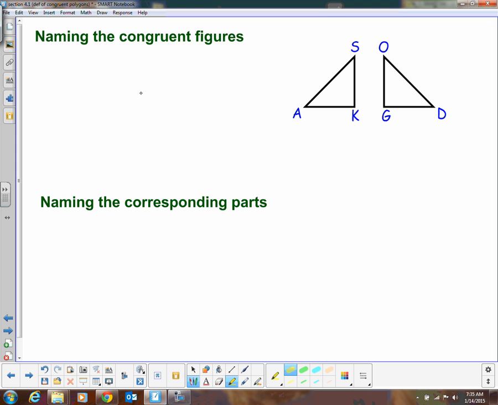Okay, naming congruent figures. So if I want to say triangle KAS, how do you do the other one? What corresponds to K?